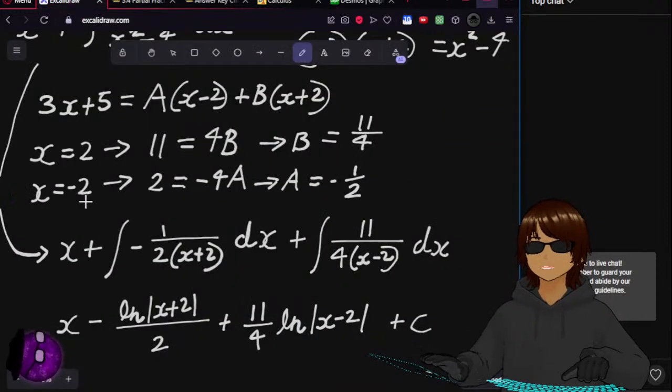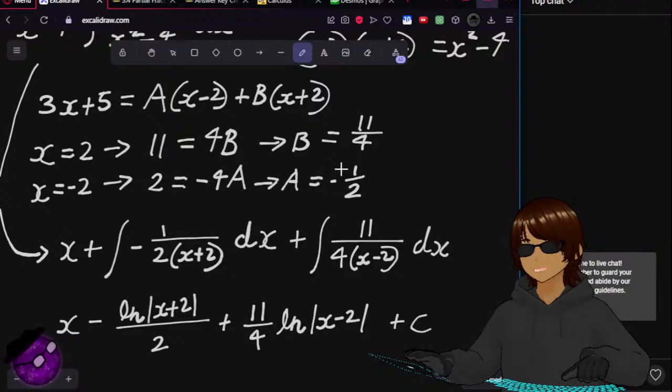If x is -2, a times -4, then 5 minus 3 is 2. Then we are left with a is equal to minus half.